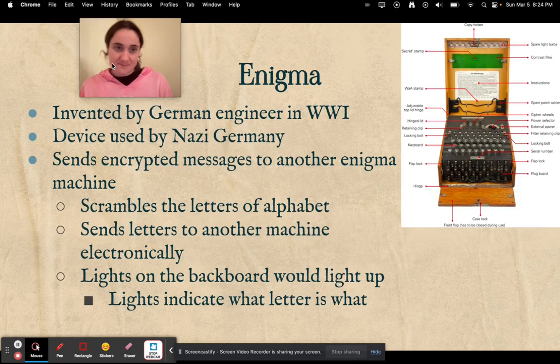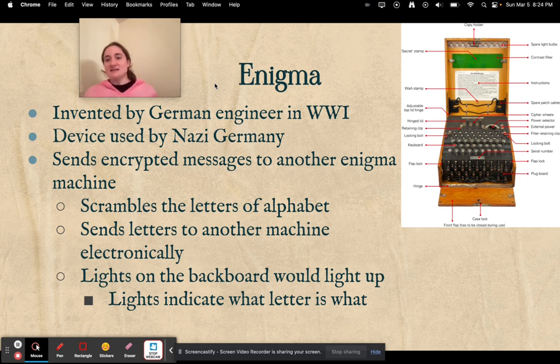So, Enigma. This is a very important part of the movie that you're going to watch. What Enigma was is a machine, and it was invented by a German engineer in World War I. And it was primarily used by the Nazi Germans. It sends encrypted messages to another Enigma machine.